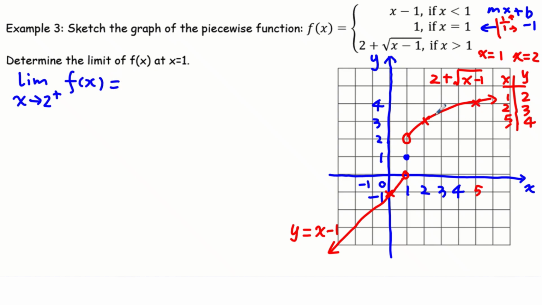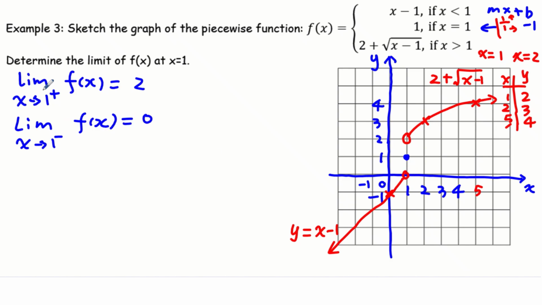Sorry, that is not approaches 2, but approaches 1. Approaching 1 from the right side, and approaching 1 from the left side, that is 0.